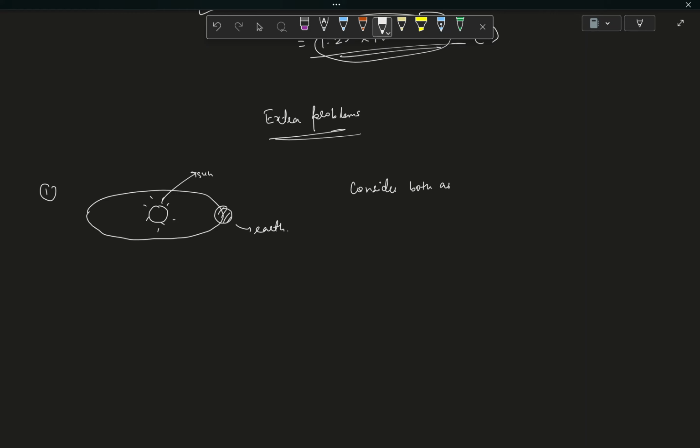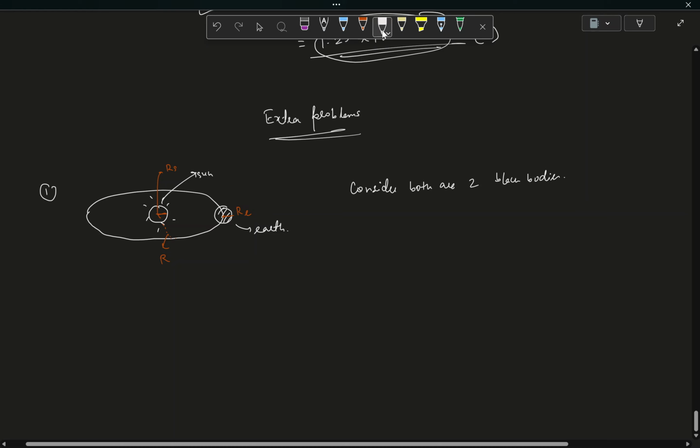Because all of them are spherical, there is a particular radius for each. The radius of the orbit around which the Earth is moving around the Sun is considered a circular orbit, and that radius is taken as capital R. The radius of the Sun is taken as Rs, and the radius of the Earth as, let's say, Re.